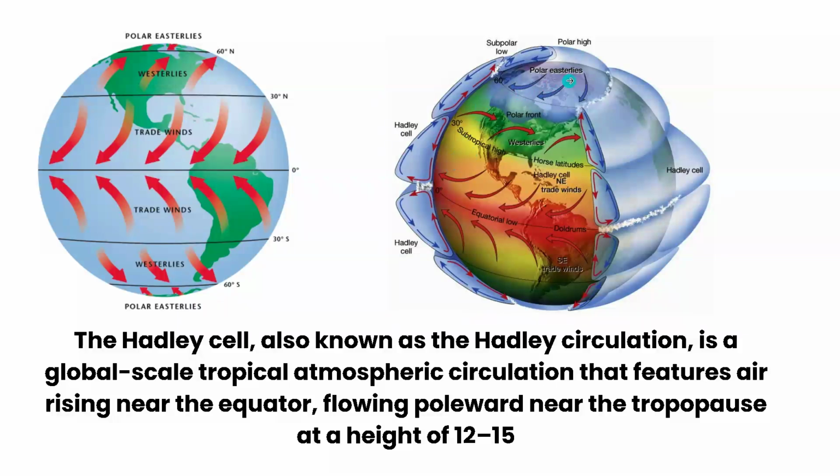Polar easterlies. What are polar easterlies? They blow from poles towards the tropics. This direction, polar. So polar front, here in this region you will find polar front. In subpolar region, low pressure, what happens?